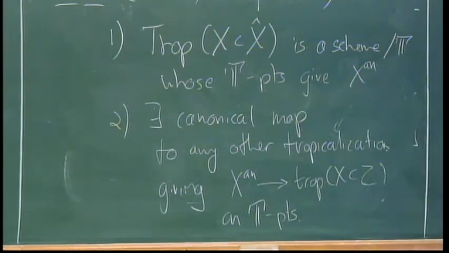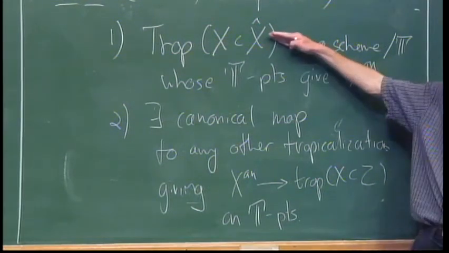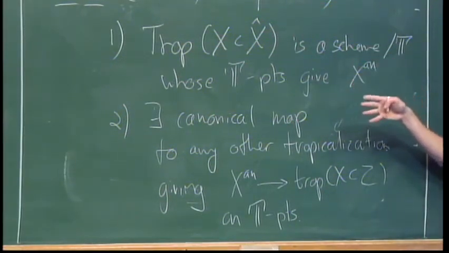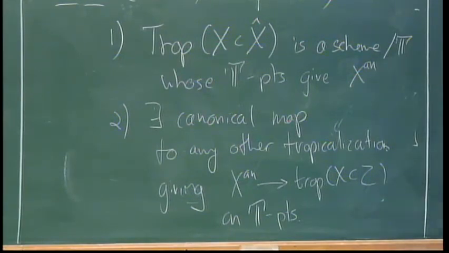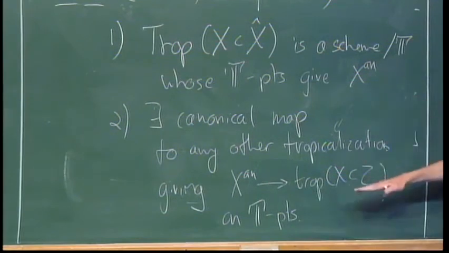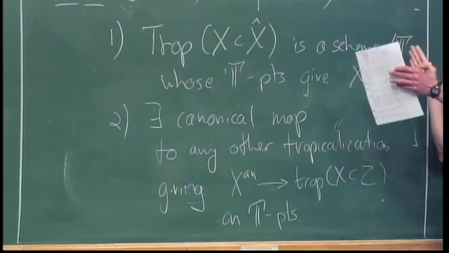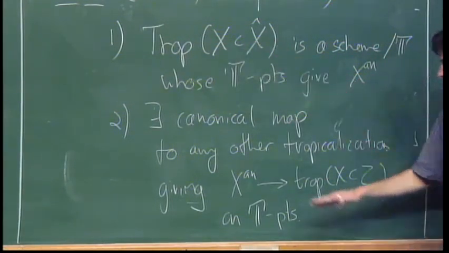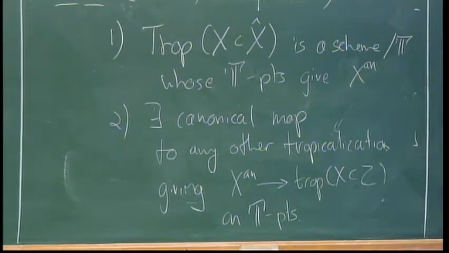So given any other scheme theoretic tropicalization, I have a map from the universal scheme theoretic tropicalization to this other scheme theoretic tropicalization. When I pass to T points, this universal guy becomes the analytification, and the other guy becomes the usual set theoretic tropicalization for that embedding. And this canonical map reduces to the map that we already know about from the analytification to a particular tropicalization.